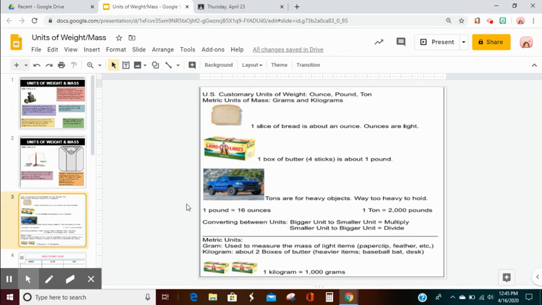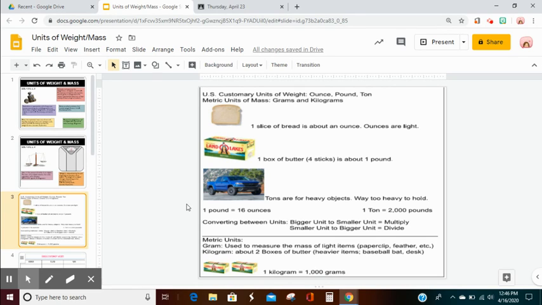One box of butter, or 4 sticks of butter, is about 1 pound. So if you have a box of butter, put that in your hand and see what that feels like. Then hold the slice of bread in one hand, hold the box of butter in the other hand, and compare the difference. What does 1 pound feel like as compared to 1 ounce?